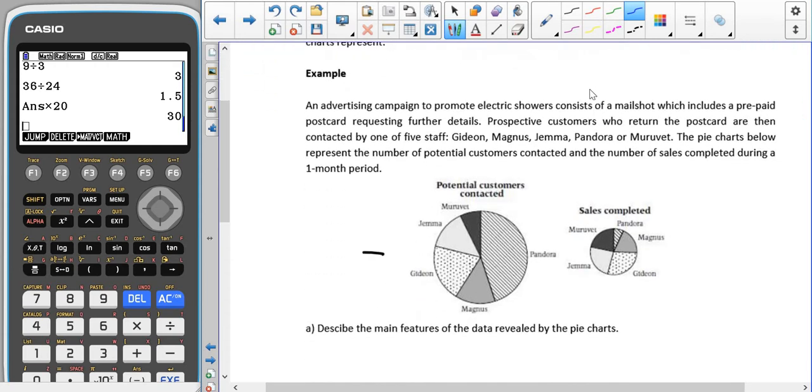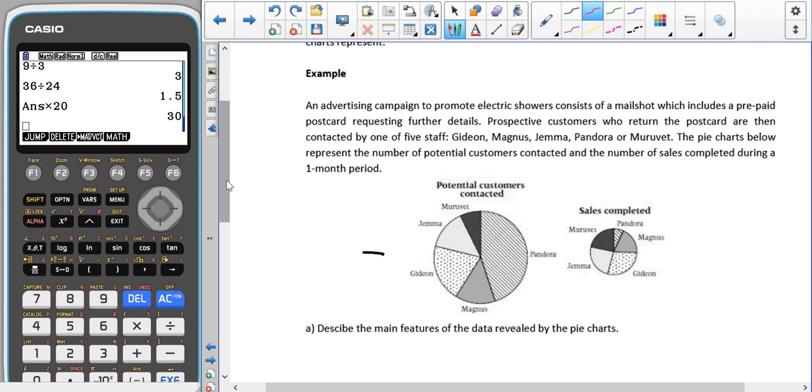So here we have an example. We have an advertising campaign to promote electric showers. It consists of a mail shot which includes a prepaid postcard requesting further details. Prospective customers who return the postcard are then contacted by one of 5 staff.